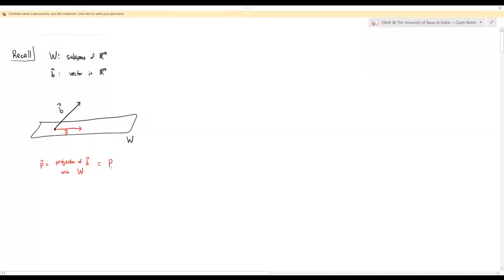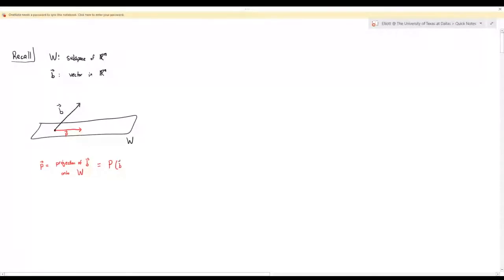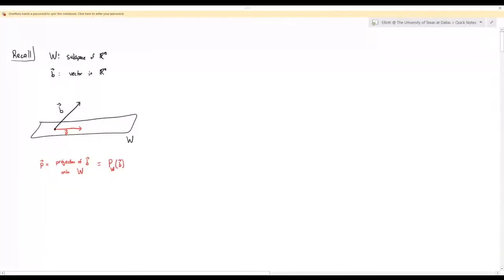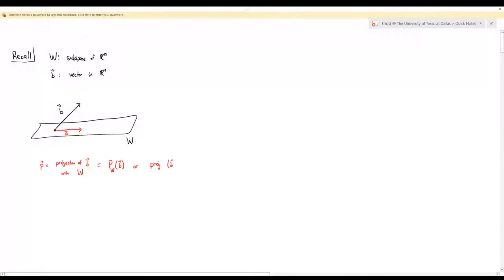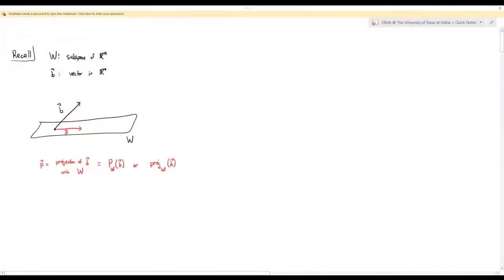Here I might use the notation projection of B onto W. Or I could also write out projection of B onto W as well. So there are maybe two different notations that I might be switching back and forth between. Okay.